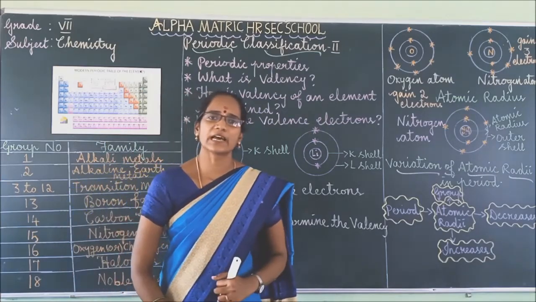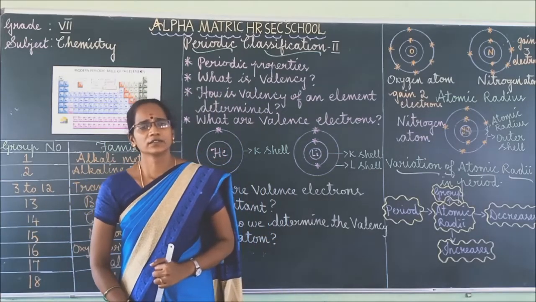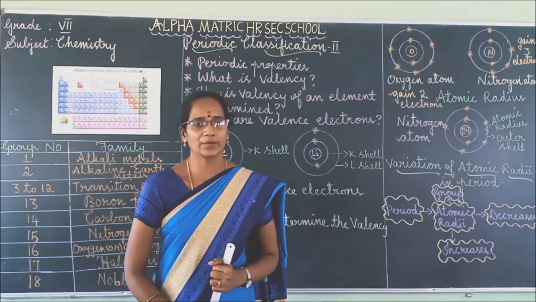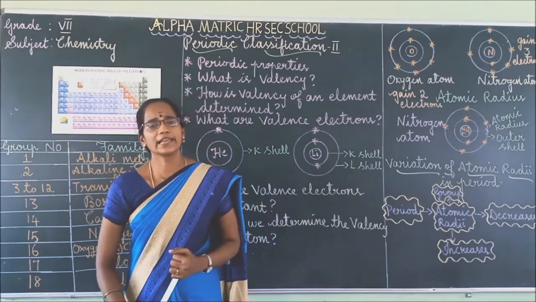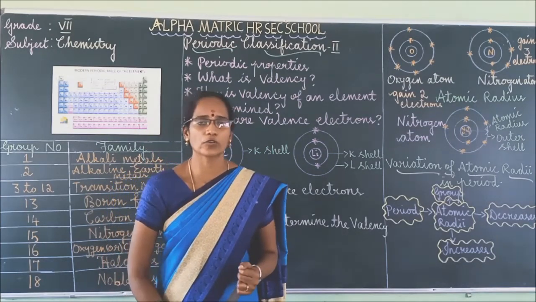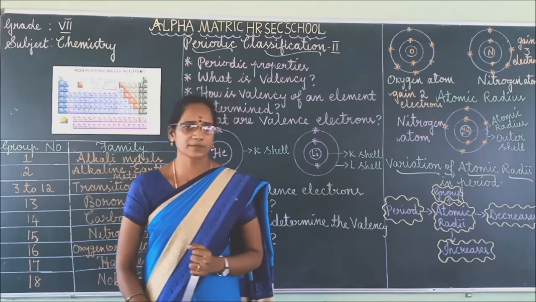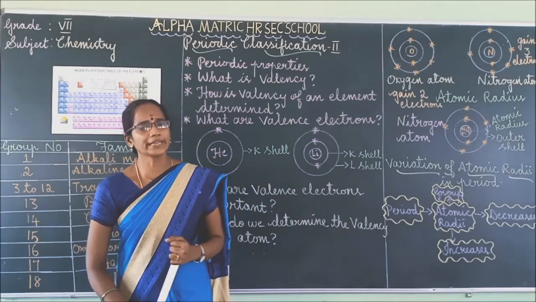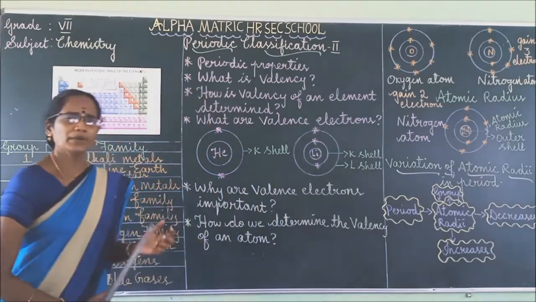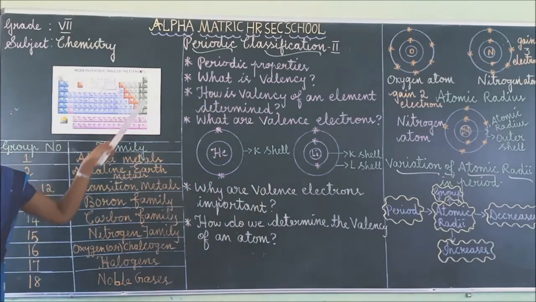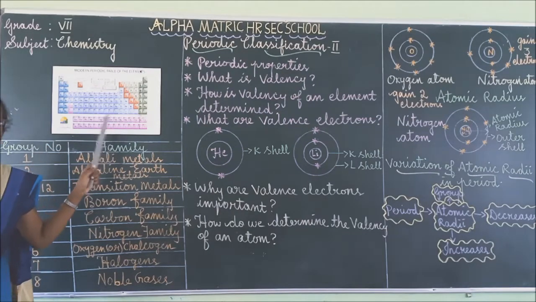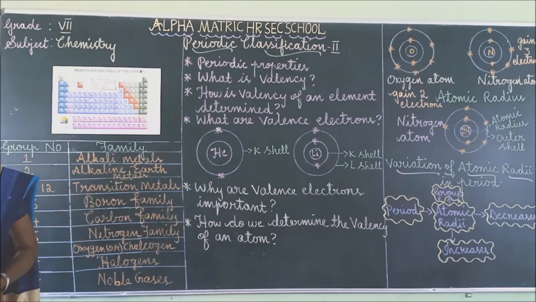In the previous class we have learned that the periodic table is a chart of elements, and the elements have been arranged in the increasing order of their atomic numbers. The modern periodic table states it is a tabular column highlighting the regular properties of the elements.